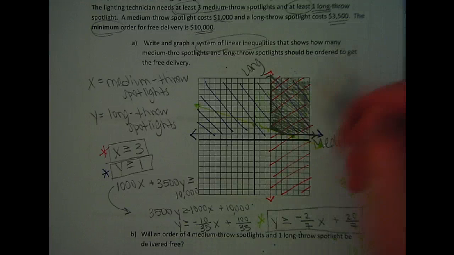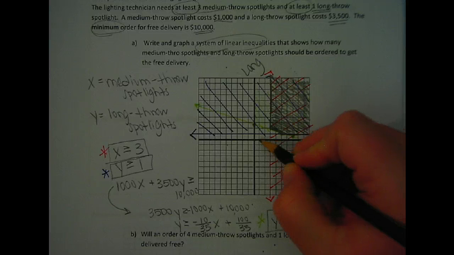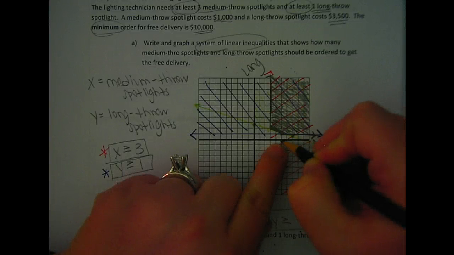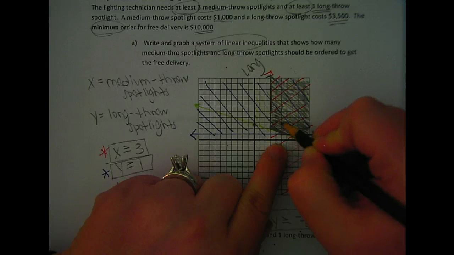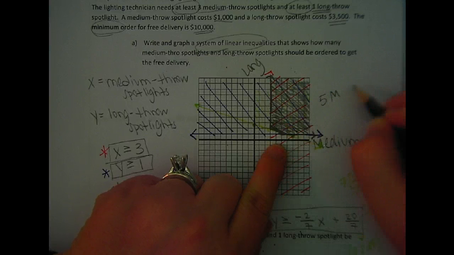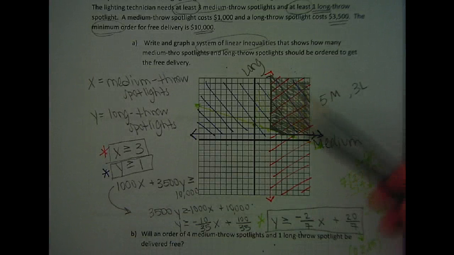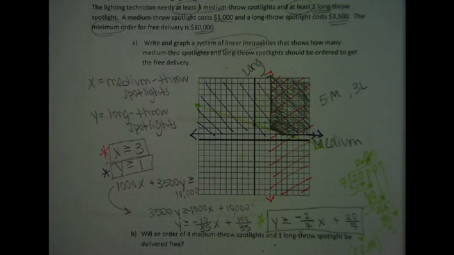So I would say, just to check a point, you could have 5 mediums and 3 longs. That would get you free delivery. Anything in this shaded region is going to get you free delivery.